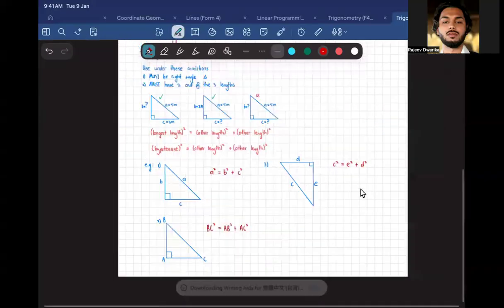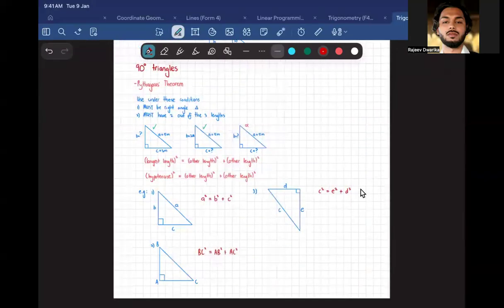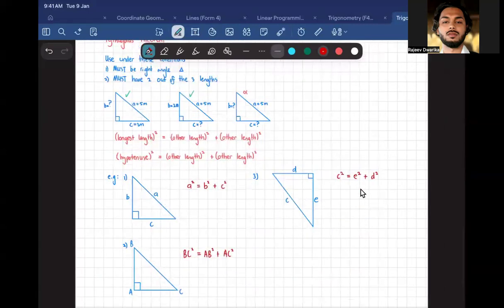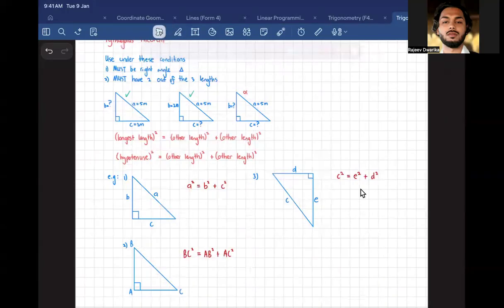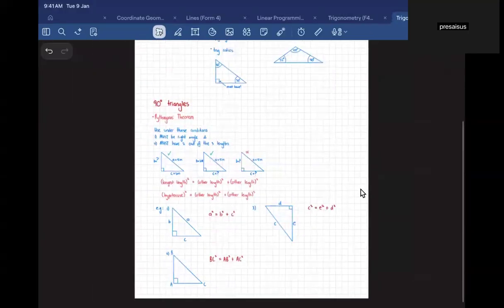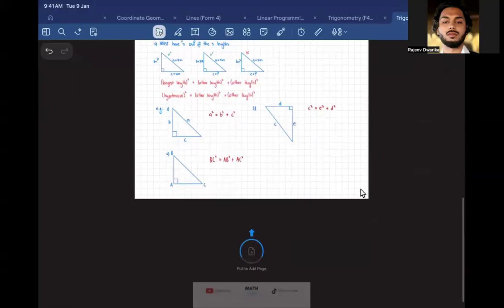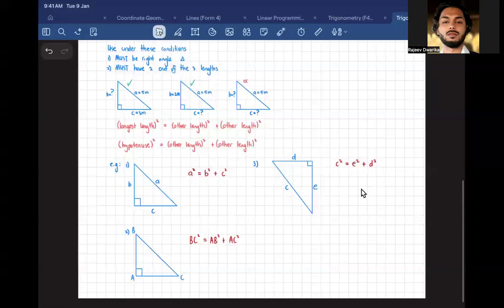Great. I thought it was B at first, but I made sure it was D squared. Okay. You okay with it, right? Yes, sir. All right, nice. So it seems like we are okay with writing the formula in terms of the given labels.